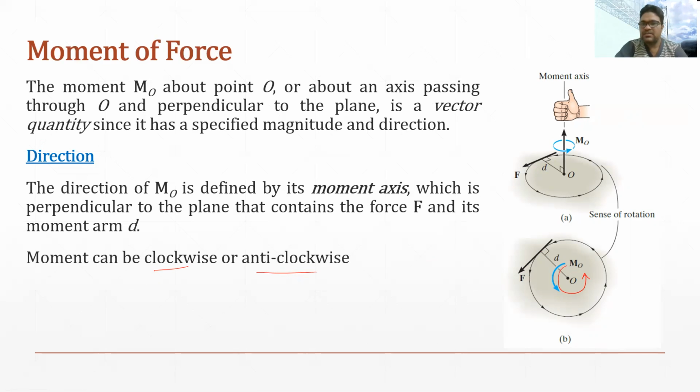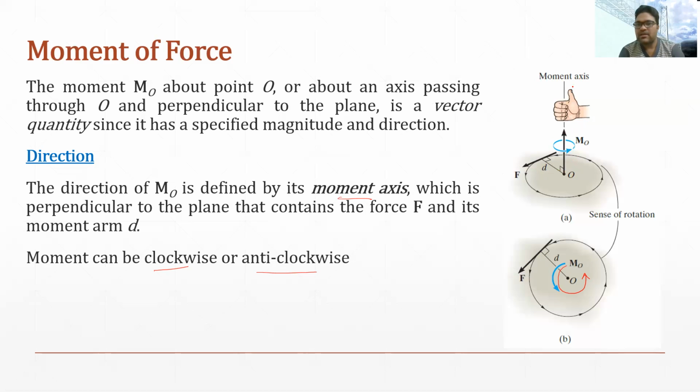And this direction is also defined by the moment axis, about which axis the moment is happening. So for example, in this case, you can see in the 3-dimension, force and distance, they are in a plane, and the rotation is occurring about an axis which is not in that plane, or which is perpendicular to that plane.